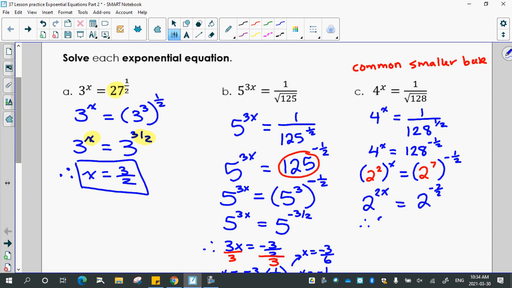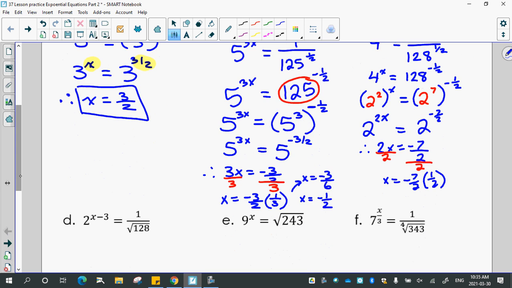So therefore 2x equals negative 7 over 2. Where I'm going to divide both sides by 2, which is the same as multiplying by 1/2. So I'm going to get x is negative 7 over 4, actually.